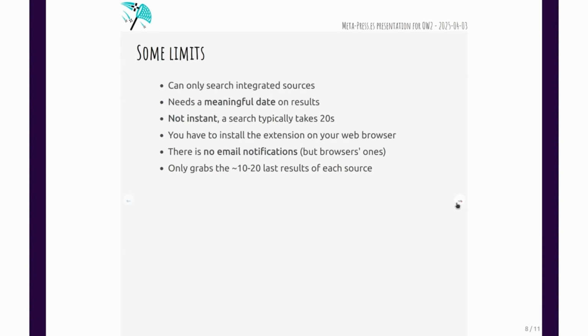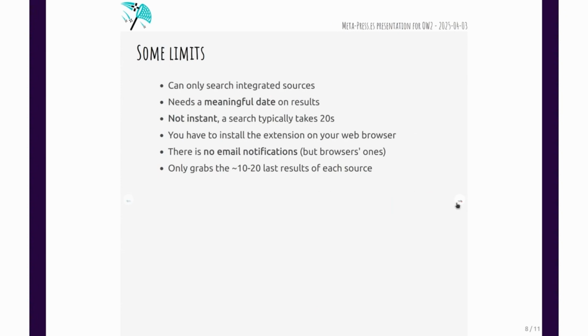It's hard to believe, but the search is long. It takes seconds. The more sources, the longer it will be, and it's not instant. It doesn't feel instant like other centralized web search engines.